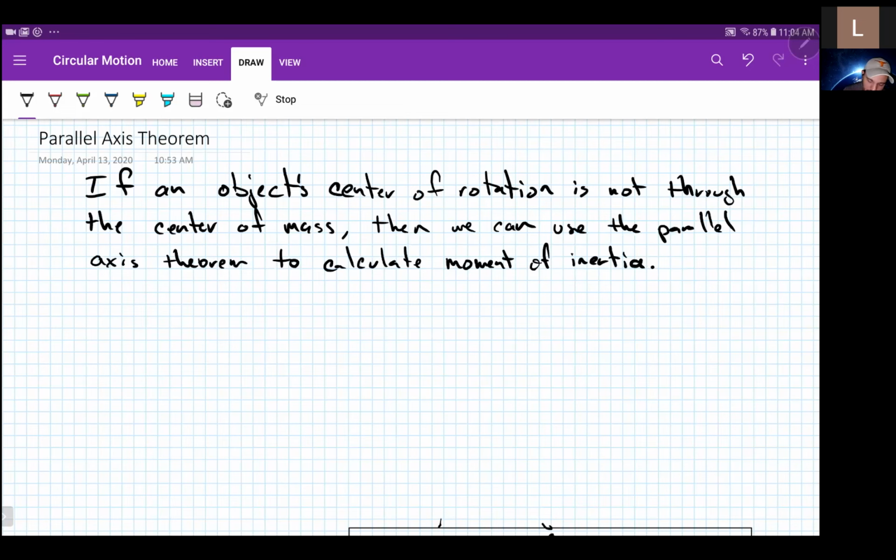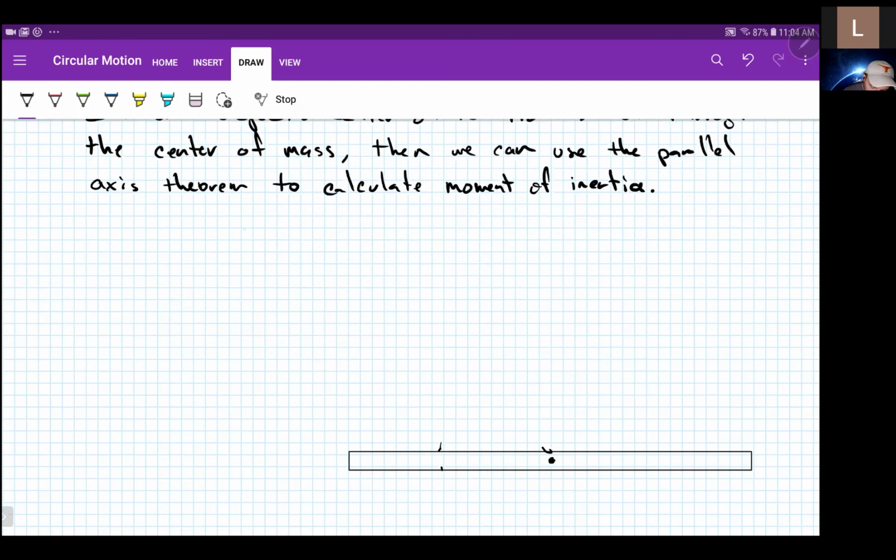All right, and the equation for that is I is equal to, so remember that I is moment of inertia, and it's going to be equal to the moment of inertia about the center plus the mass times a constant k squared.